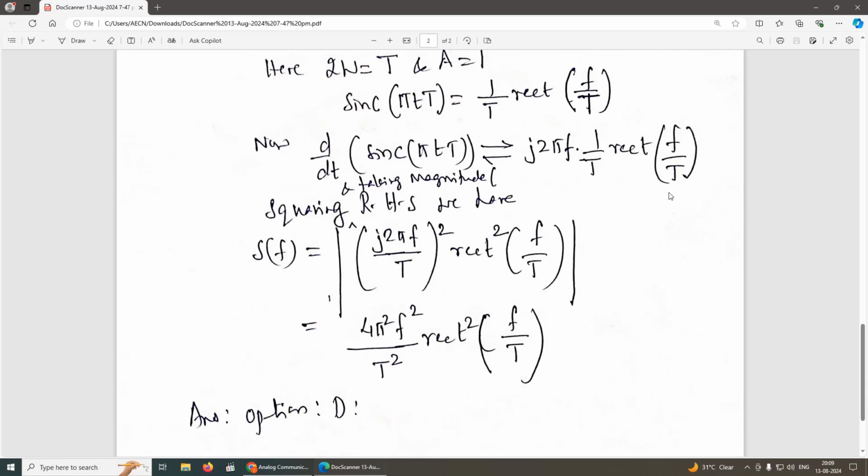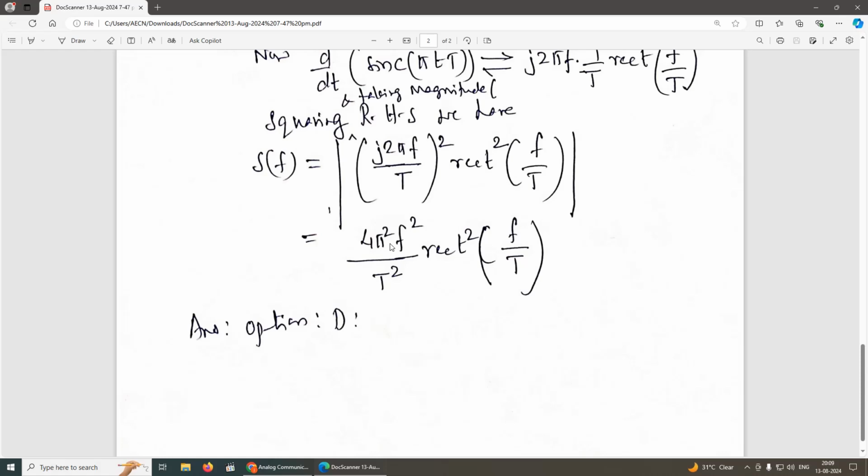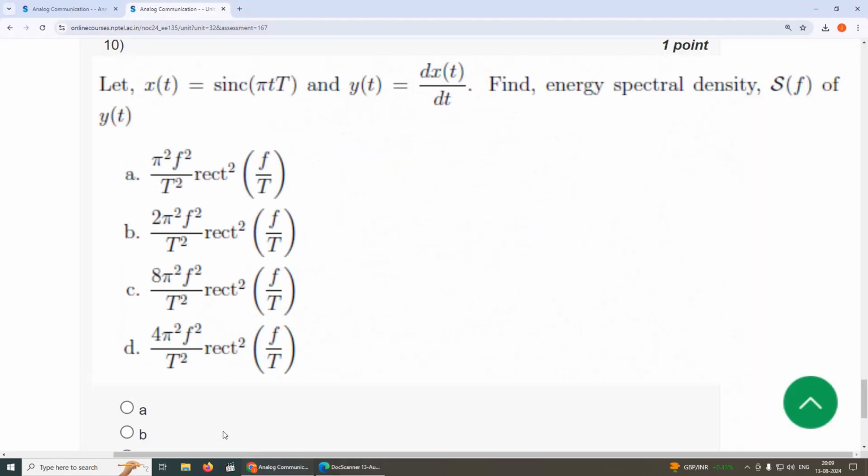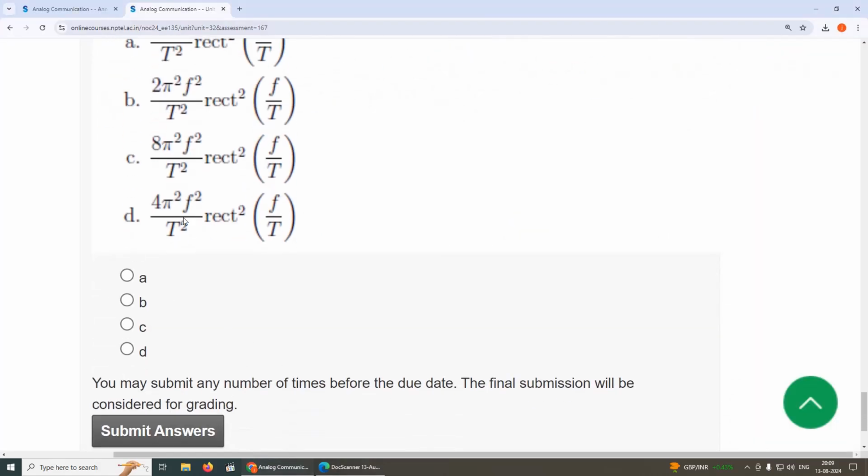Applying this to the spectrum of the given signal, the sinc function, we get 4 pi square f square by T square times rectangular function square (f by T). That is option D.